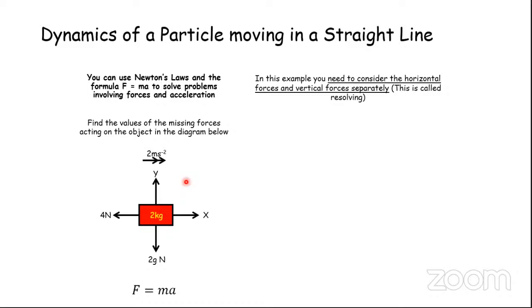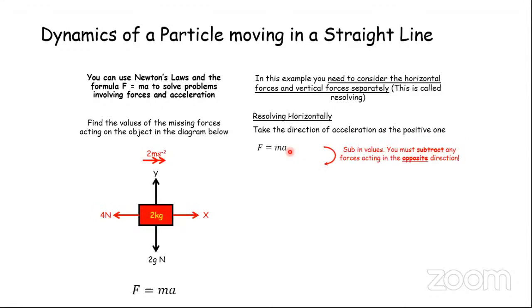In this example, you need to consider the horizontal forces and vertical forces separately, and this is called resolving. So we are beginning horizontally. Since it is moving in this direction, this x is going to be taken as positive and the 4 as negative. When we substitute in, we must subtract any forces acting in the opposite direction. So the 4 is acting in the opposite direction, so we subtract it from x.